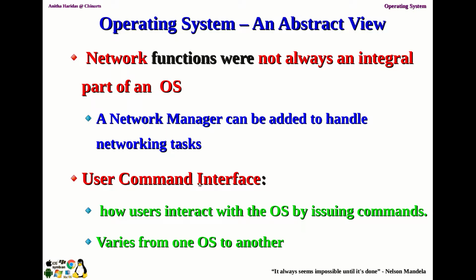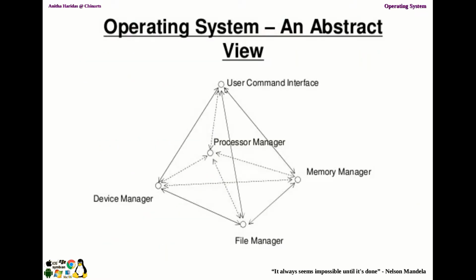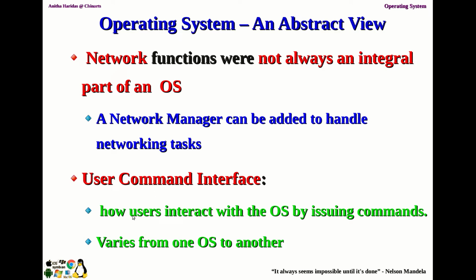And the user command interface, as I told you, is on the topmost of the pyramid, and it specifies how users interact with the operating system by issuing commands. It is completely based on the design concept of the operating system, so it varies from one operating system to another. You might have observed that the user interface that you use in the Windows operating system is totally different from the user interface of your Linux operating system.